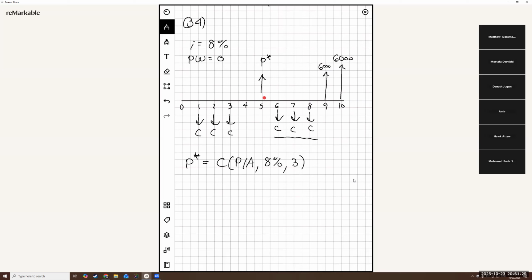This is where it comes in. Okay. And if I take the present worth of these two $6,000 values, let's call it P star star, 6,000, P/A, 8% for 2 installments. This P star star value is over here. So we need to adjust them, right?